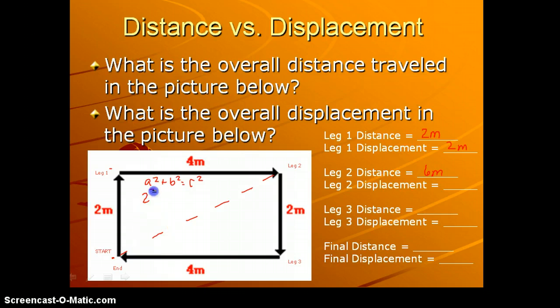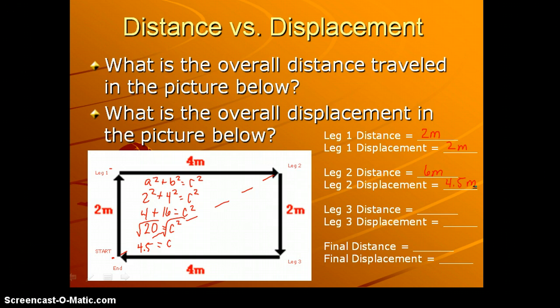So we've got 2 squared plus 4 squared is equal to c squared. 2 squared is 4, plus 4 times 4, which is 16, is equal to c squared. 4 plus 16 is 20, equal to c squared. We then need to do the square root, so c is going to be equal to 4.5. So displacement at this point is 4.5 meters.